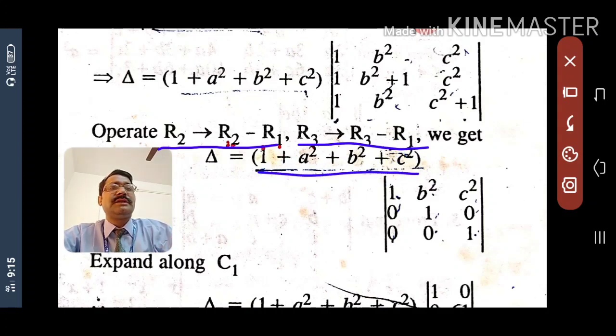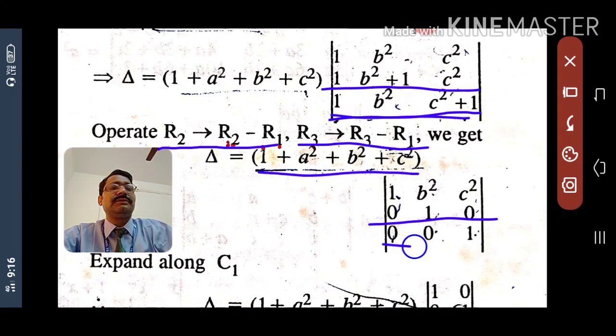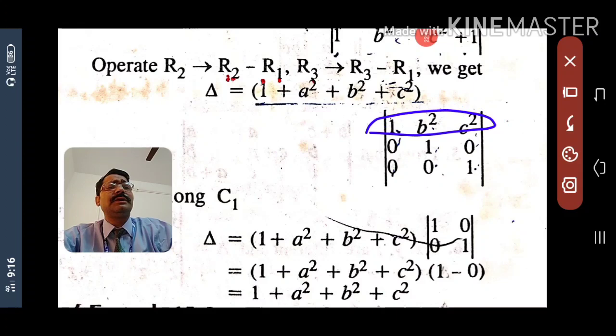So this is as it is. Now R2 you have to change and R3 you have to change. So 1 minus 1 is 0, b square plus... a square minus b square is 1, c square minus c square is 0, and the third row also you have to change. 1 minus 1 is 0, b square minus b square is 0, and c square plus 1 minus c square is 1. Now expand by column 1.